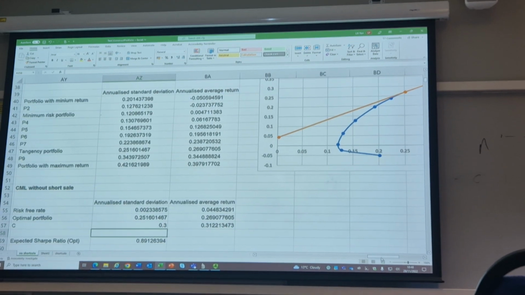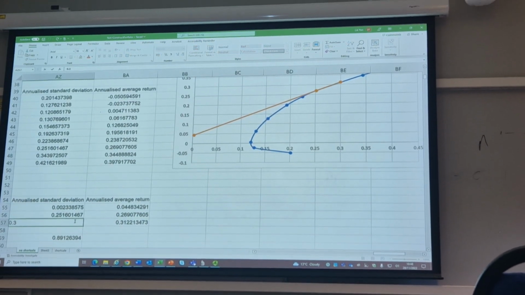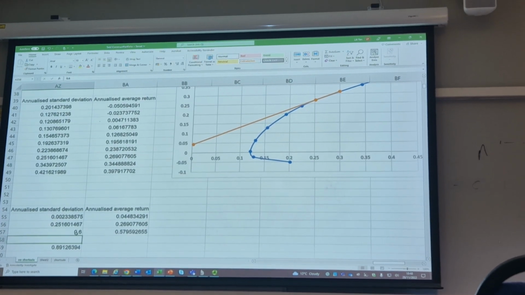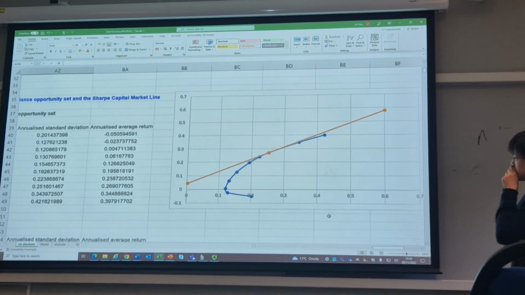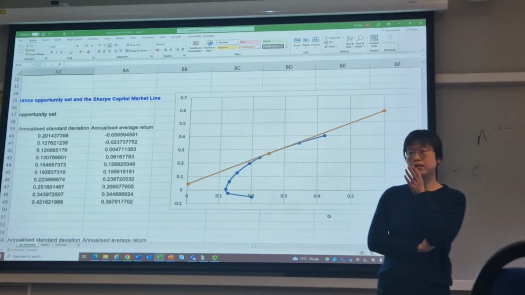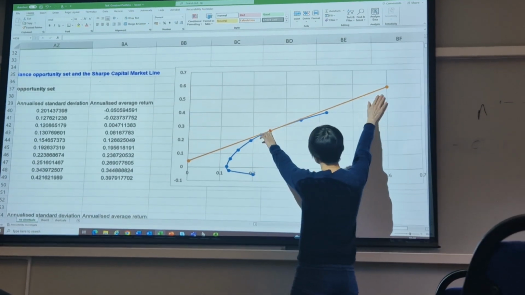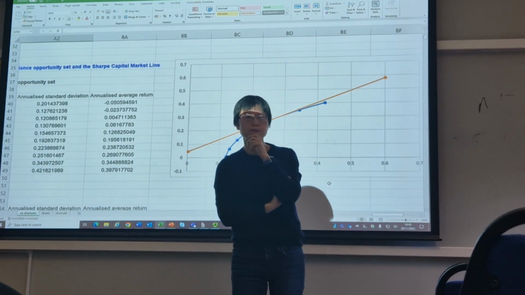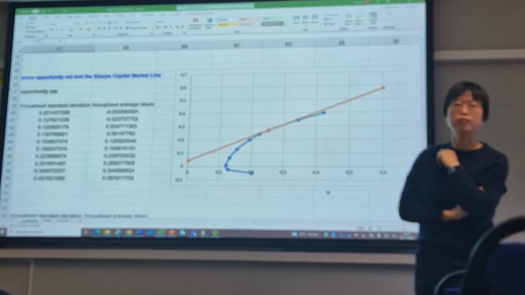Then this line becomes shorter, right? Or 0.6. For the case that short sales are not allowed, this linear line should stop here and not extend. So this is the case for short sales not allowed.